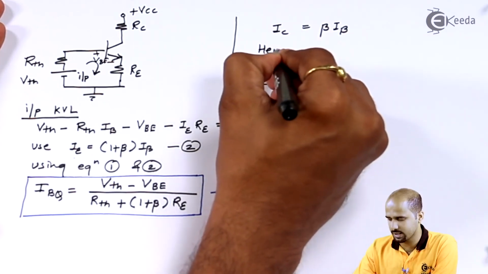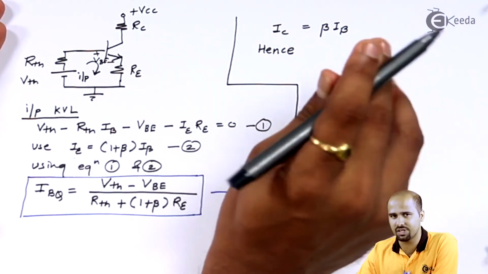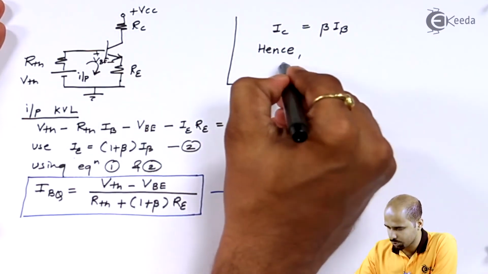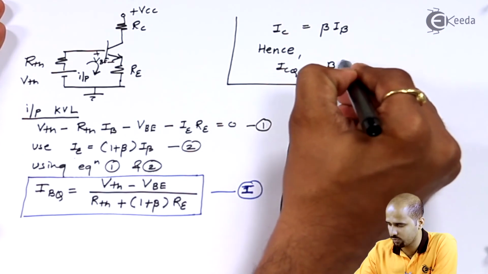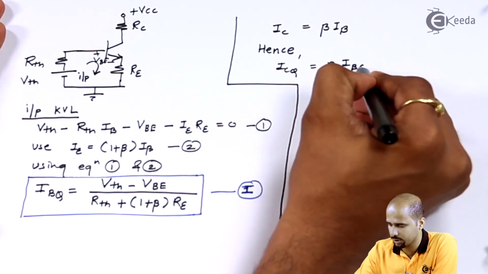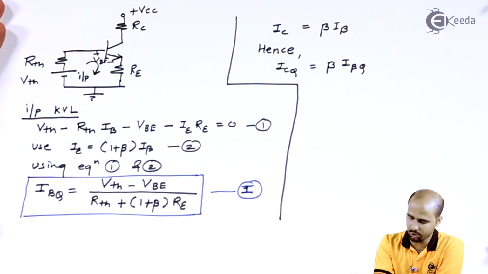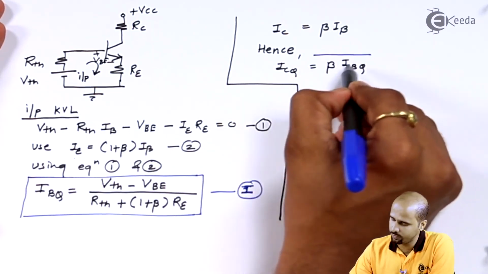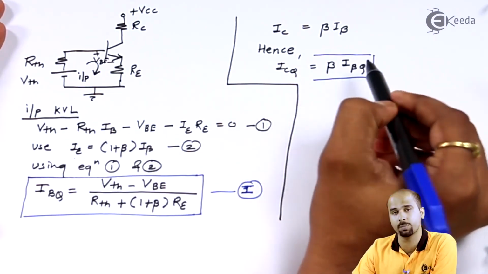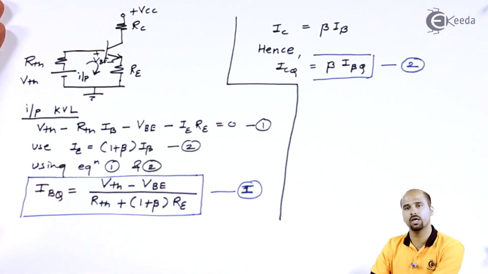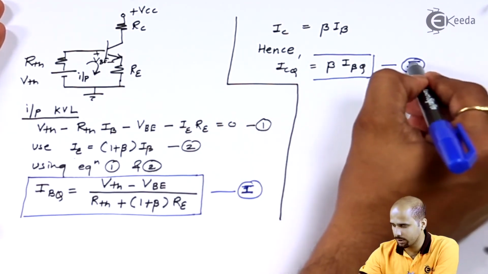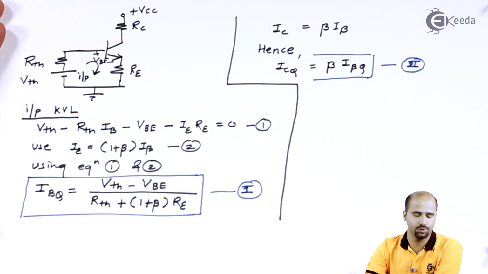Hence, at the Q point as well, this relation will be sustained. So ICQ is equal to beta times IBQ, and this is your second equation, where I get the first parameter of the Q point.